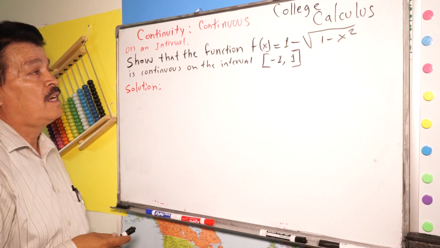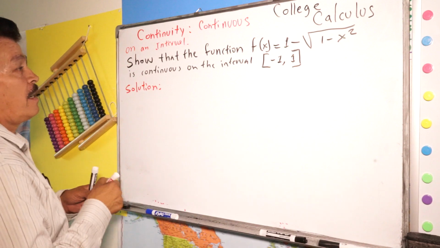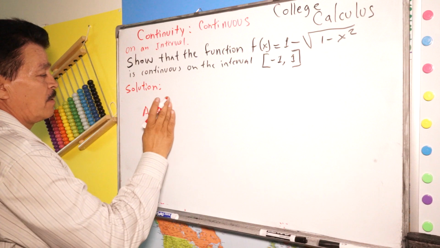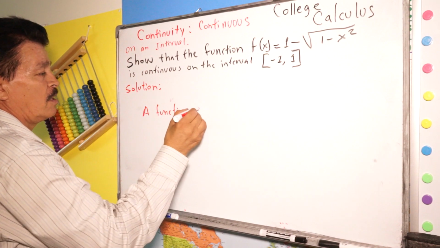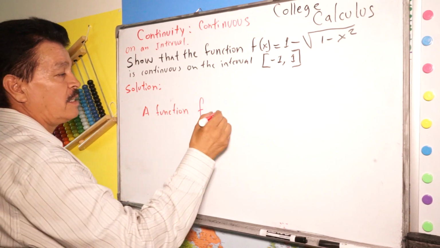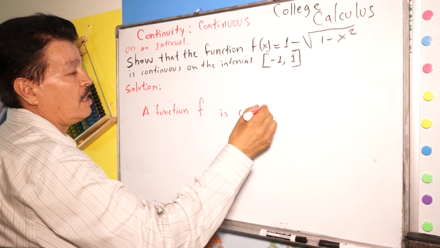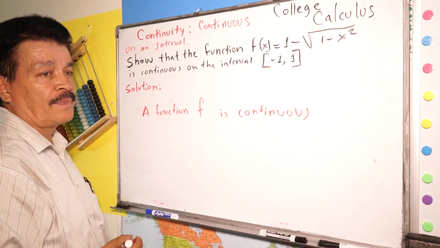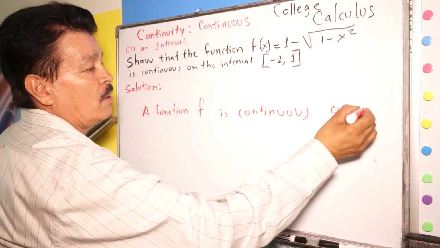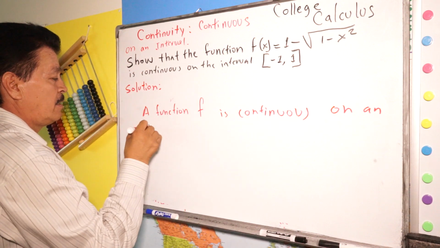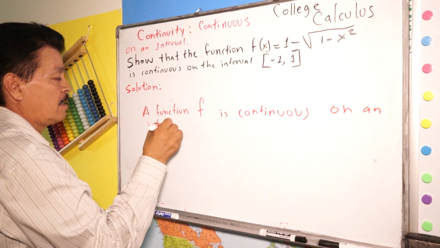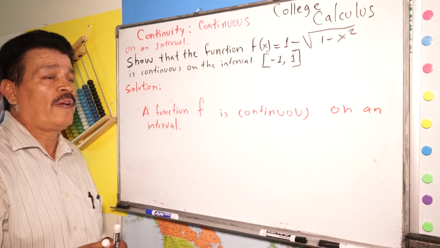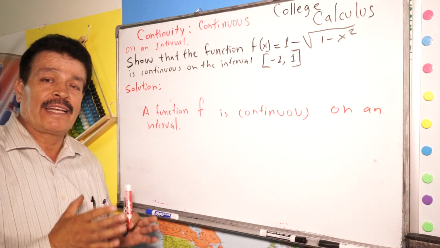A function f is continuous on an interval if it is continuous at every number in the interval.